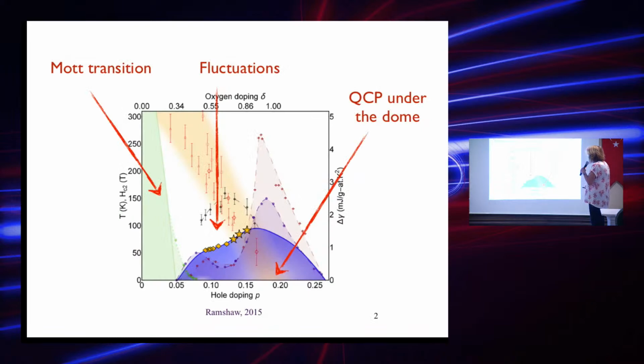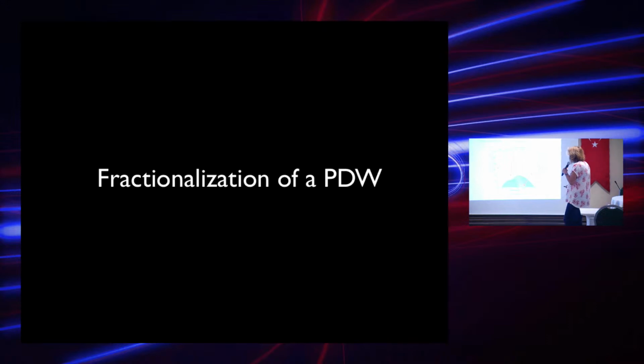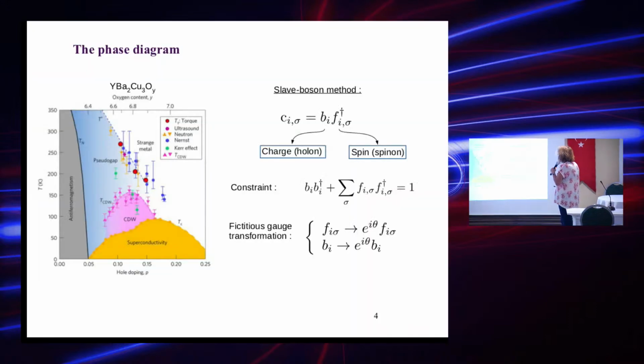So I don't go over the diagram. First, I don't have time, and you heard that already in a previous talk. I will present just the idea of fractionalization. When you fractionalize an electron, you cut it into a charge holon and a spinon, in terms of operators or fields.